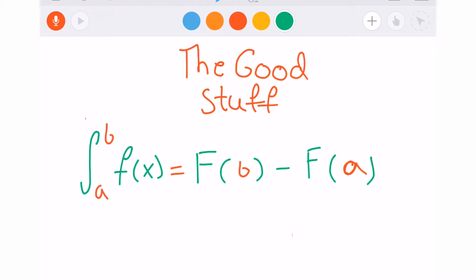So we have the integral from a to b of f of x is equal to the antiderivative of f at b minus the antiderivative of f at a. And I know this is not part of the definite integral part of the video. This is more of the fundamental theorem of calculus, but when we're talking about definite integrals, this has to come up as well. Basically, I would like to tell you guys to interpret this as the difference of areas rather than the area underneath the curve.